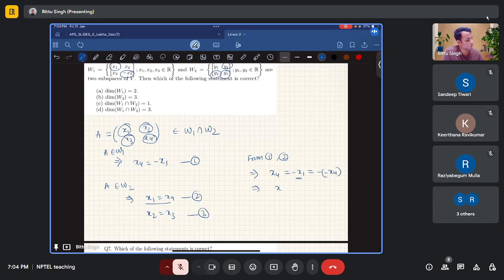This implies x4 equal to 0, and then by 1 we are getting x1 equal to 0.